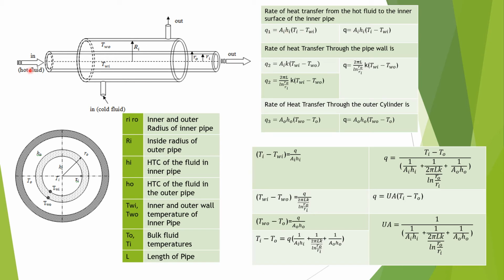The rate of heat transfer between the hot fluid and cold fluid is the same. We have just divided this into these three parts for our convenience of calculations. So instead of writing Q1, Q2 and Q3, we will write all these three equations in terms of Q only. So we will get these equations.